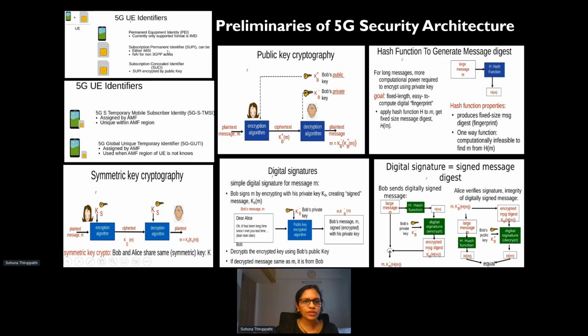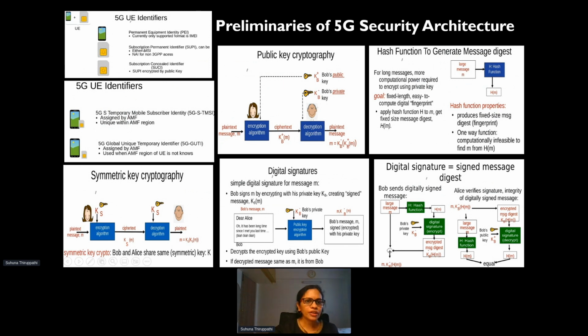SUPI is the identifier to identify the SIM. The SUPI is not directly sent to the network without being encrypted. The SUPI is encrypted using a public key encryption algorithm and converted into a SUCI, and sent over to the network for authentication, registration, etc.